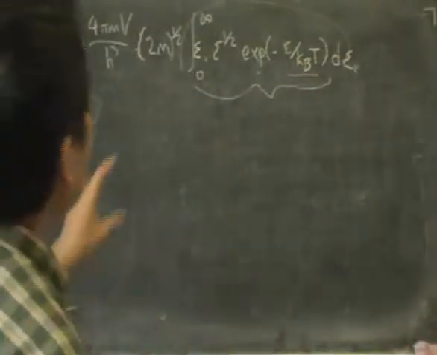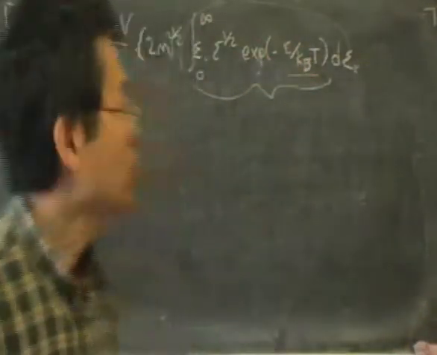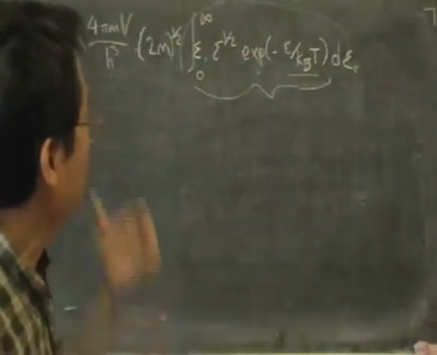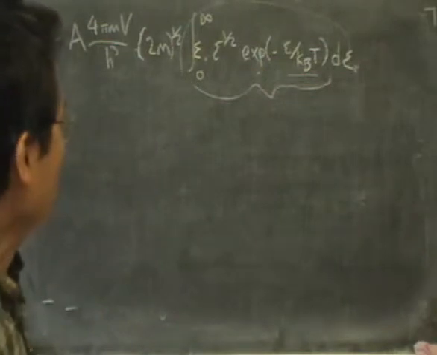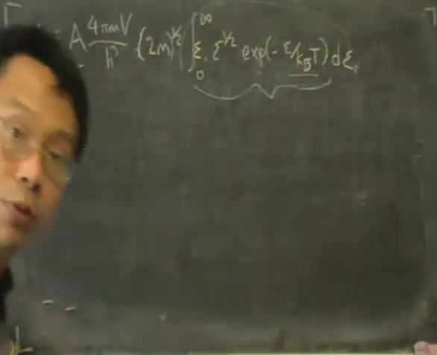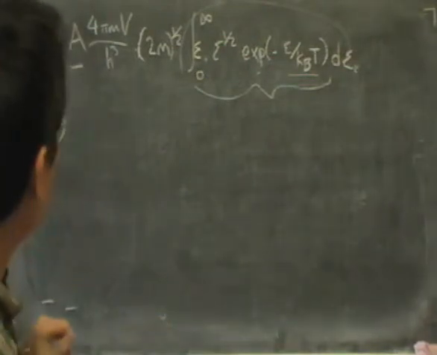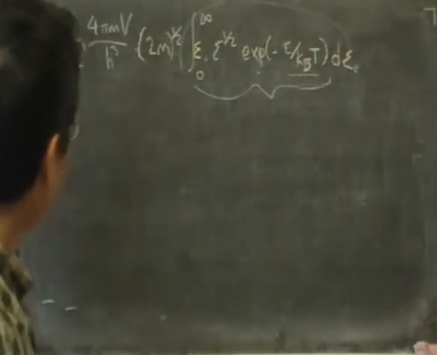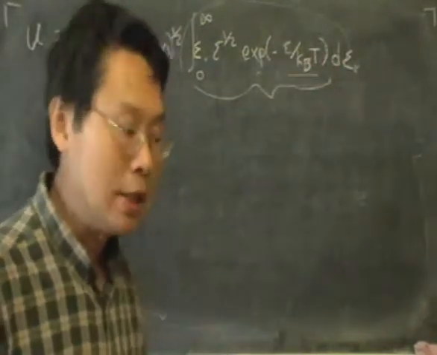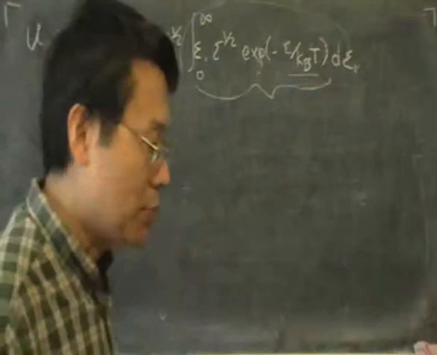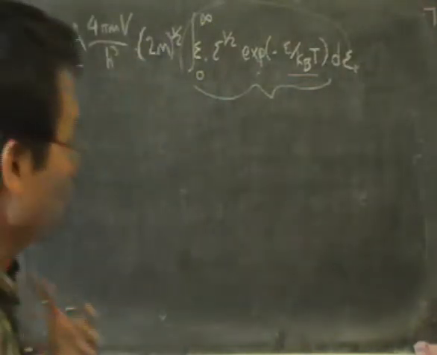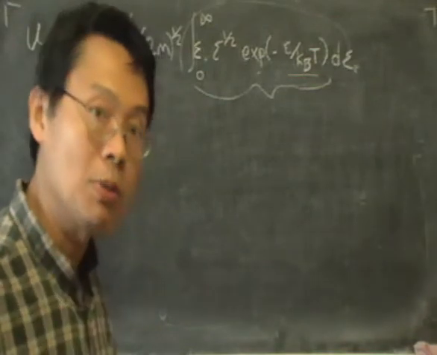And now we have a new integral. Instead of just a root E there, we have an additional factor of E. But we have already found A just now from the integral for N. So now A is known and we need to integrate this. The way to integrate this is very similar to what I did just now for N. We need to look up a formula in the table of integrals.